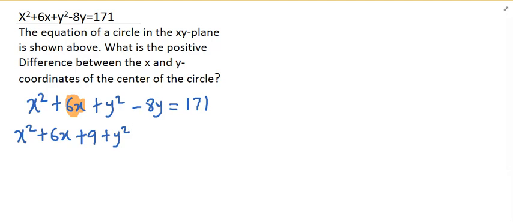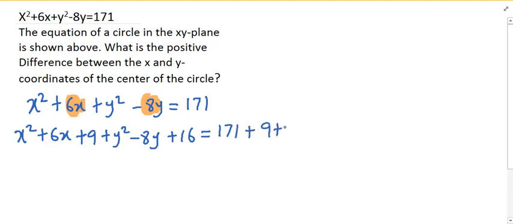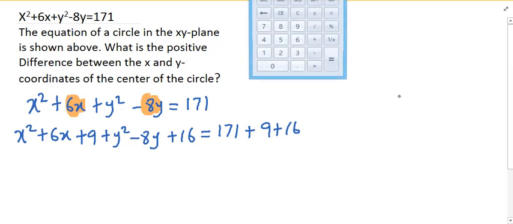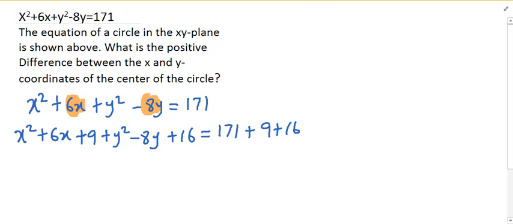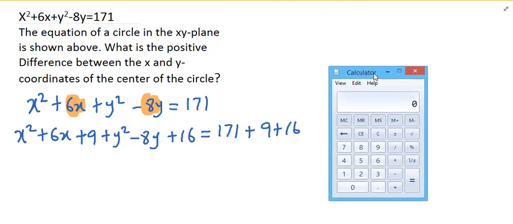Then -8 divided by 2 is -4, squared gives you 16. So minus 8y plus 16. Let's add all these numbers here: 171 plus 9 and then plus 16. I have a calculator, so let's just add it up and save ourselves a lot of time.